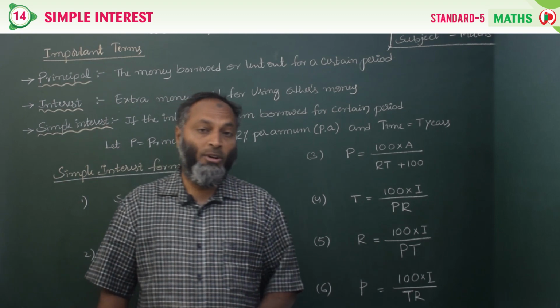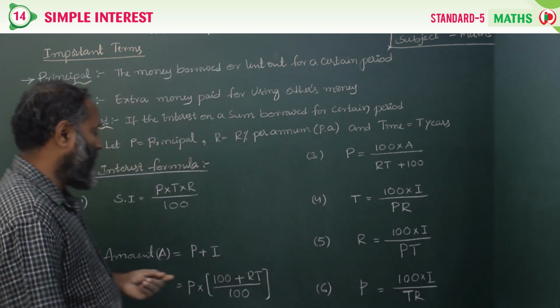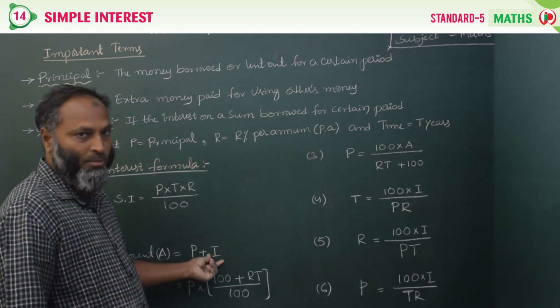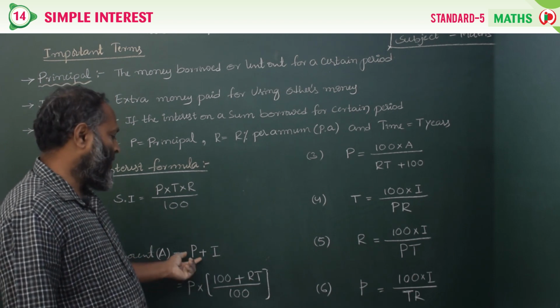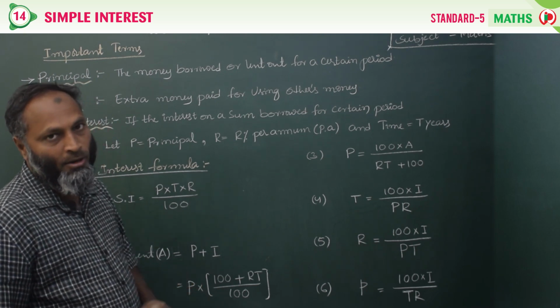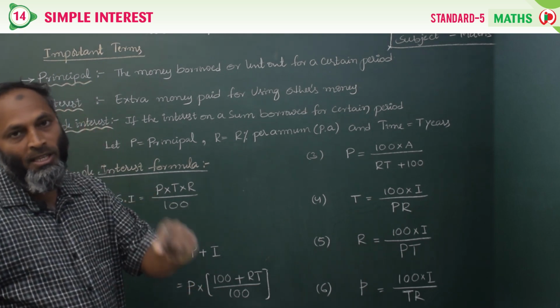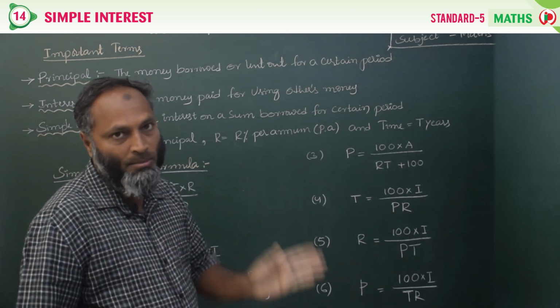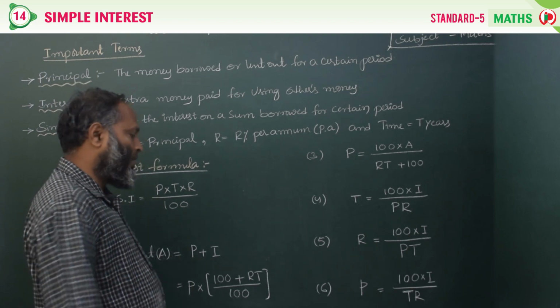How will you get the amount? The principal, 100 rupees, and the interest, 10 rupees, you are giving extra. 100 plus 10 is 110. That is your amount. Amount means principal with interest.